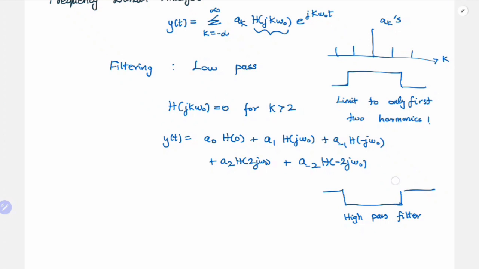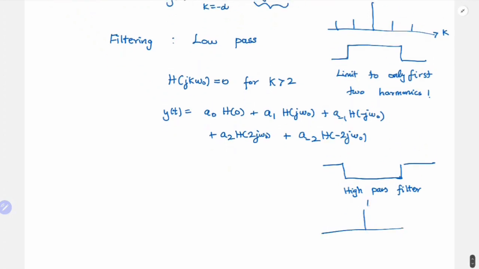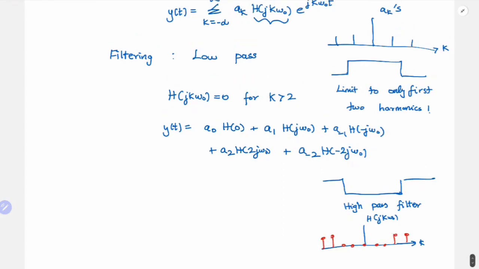So I can have h of jk omega naught, plotted versus k, such that it is 0 for lower components and has some value for higher components, right? Here it is the opposite. It is having value for lower components and is 0 for higher components.